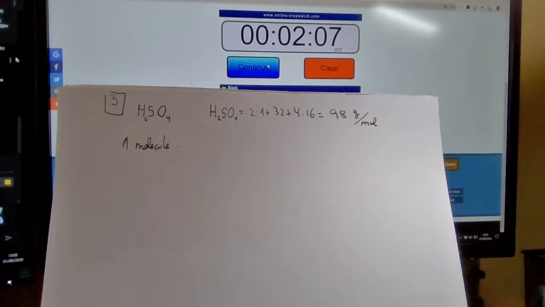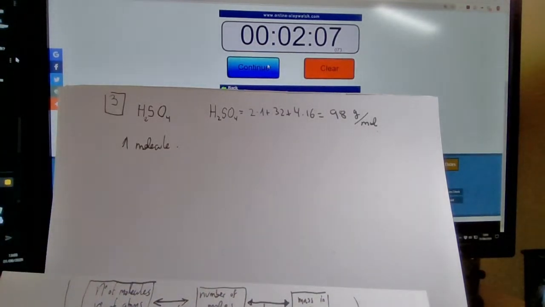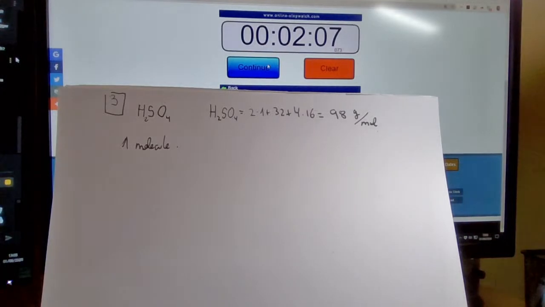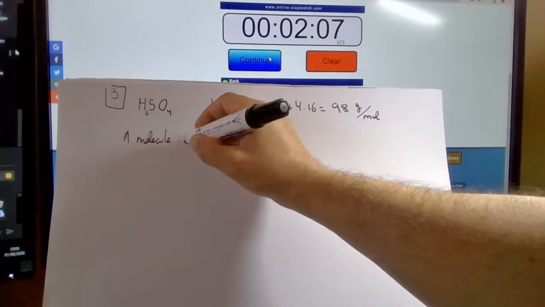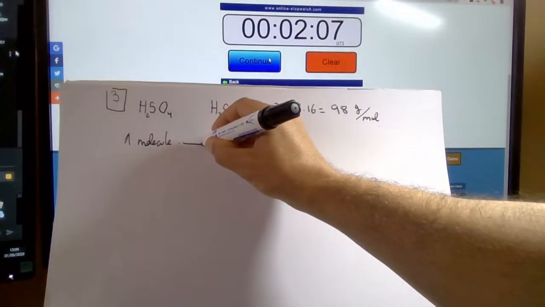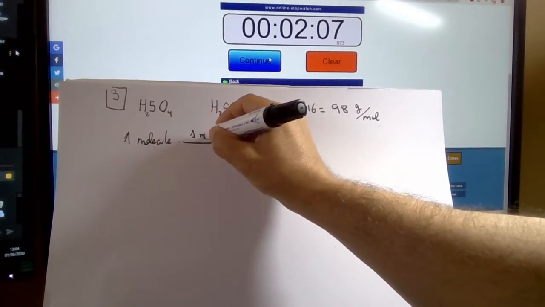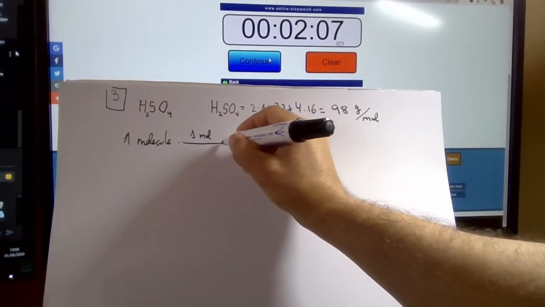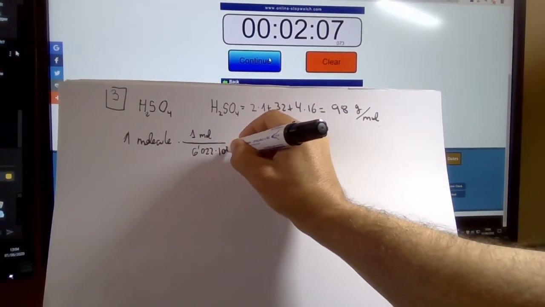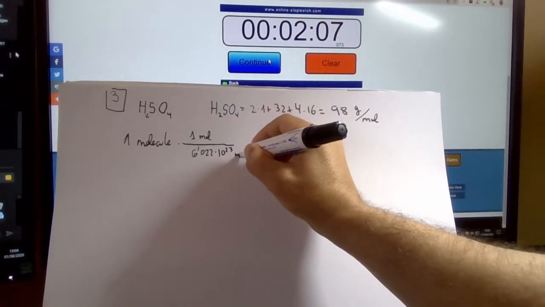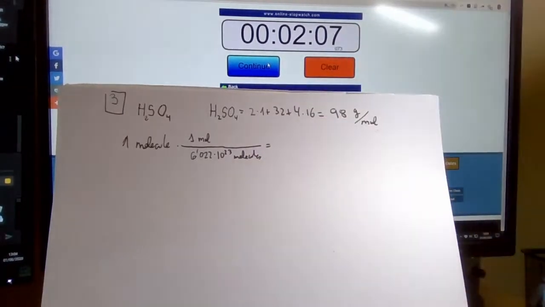Okay, let's go. Cody, you had problems in the first set of activities to calculate. One molecule, we calculate the number of moles. We know that 1 mole is 6.022 times 10 to the 23 molecules.